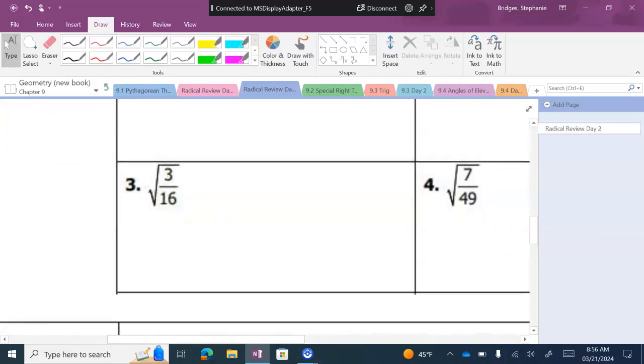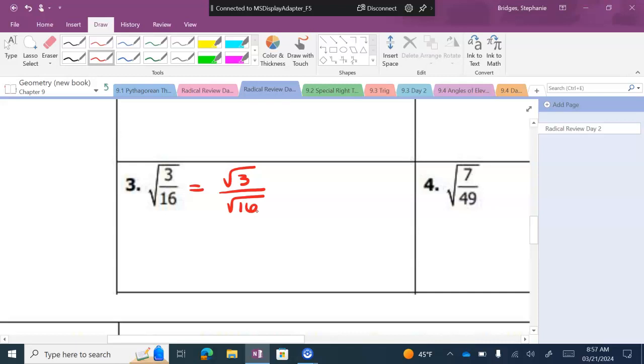All right, let's take a look at number 3. Same process. I have an entire fraction under a radical sign. So the very first thing I want you to do is split it apart. We're going to take the square root of 3 over the square root of 16.